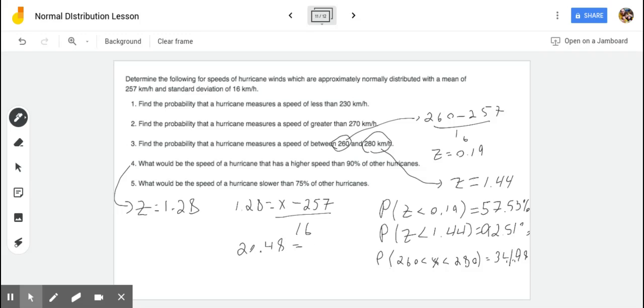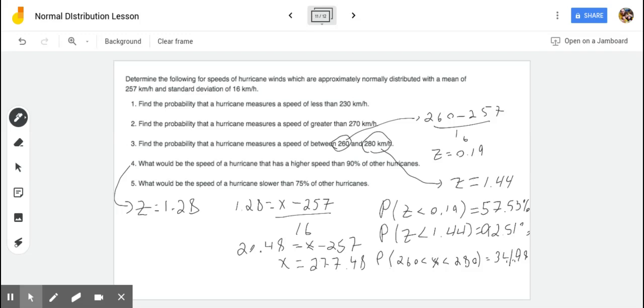That's how much bigger than 257 you are. If you multiply by the standard deviations, you're 20.48 over the 257. So if you add 257, then you get 277.48. So that's actually the speed that you are, 277.48.